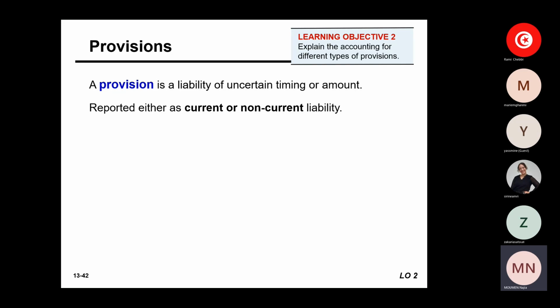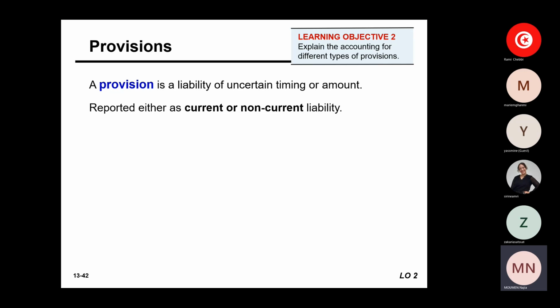So I have doubts regarding the timing. I'm not sure when I should settle this liability, or I don't know how much I will be paying to settle that liability.